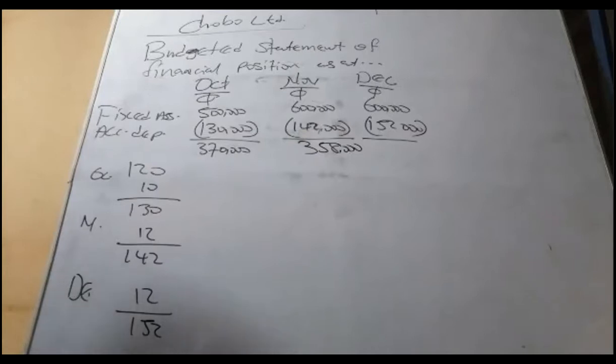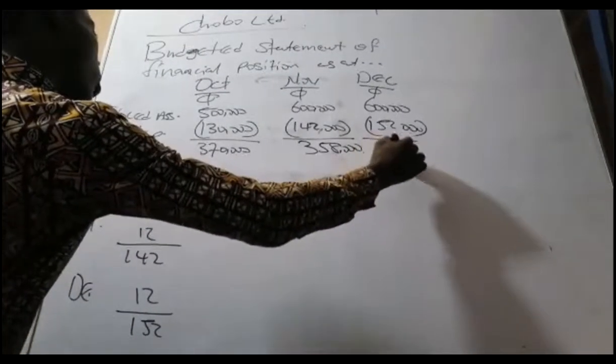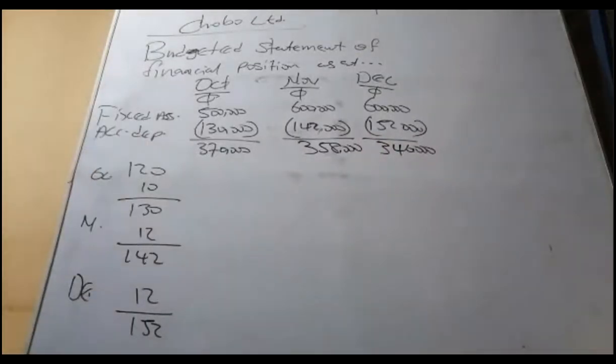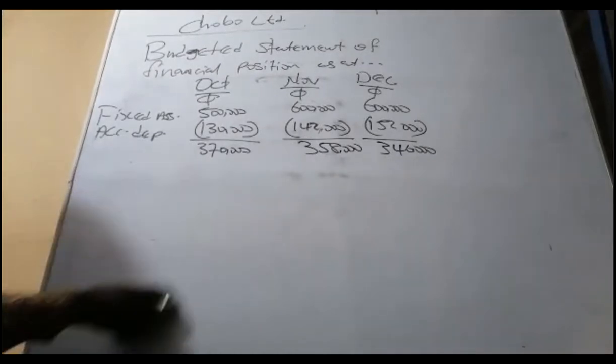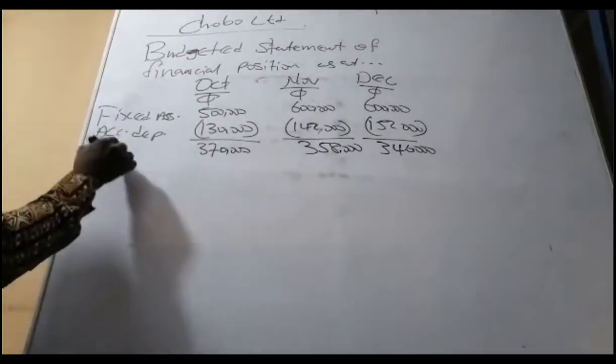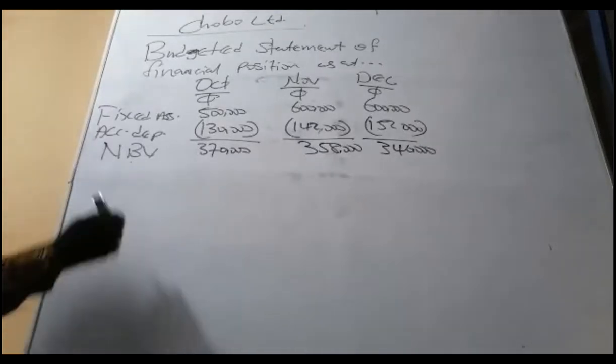You take another 12 from it, you get 346,000. Great. That's if you do the calculation. Okay, we are done. This is what we call net book value. Great.